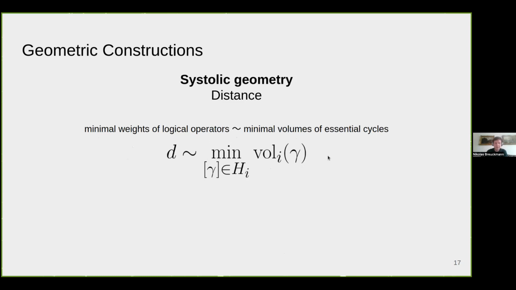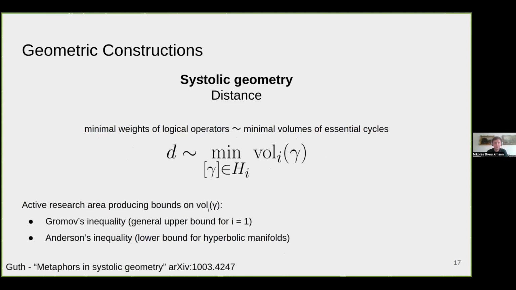And this is something that has been studied in the math literature, called systolic geometry. People produce inequalities or bounds on the scaling of these volumes.